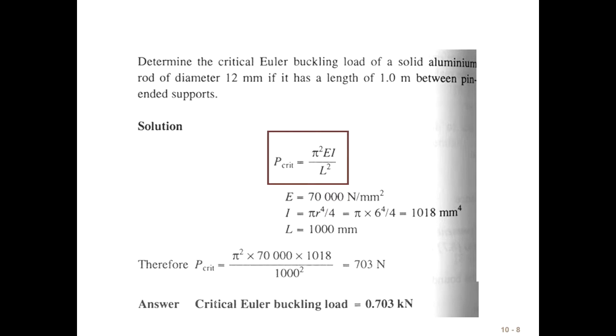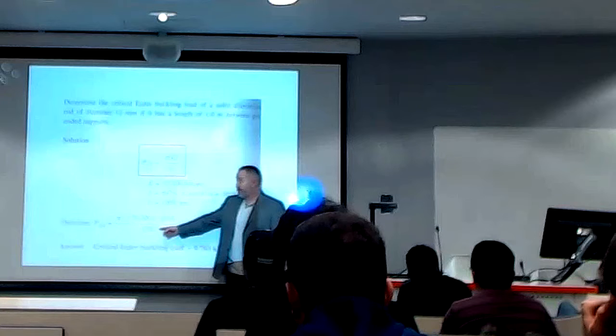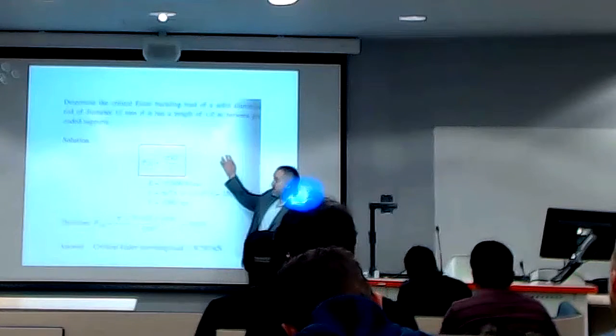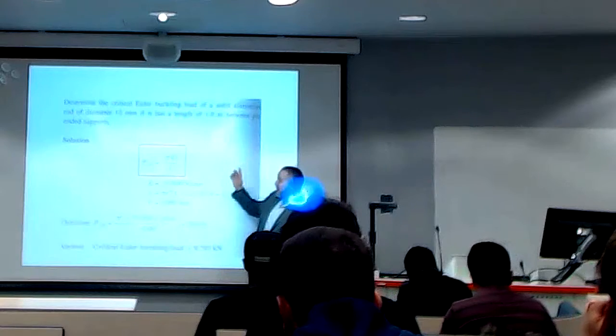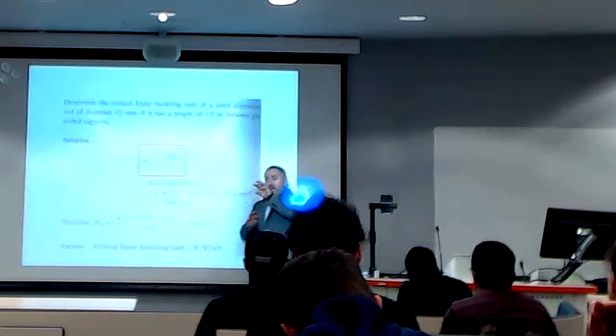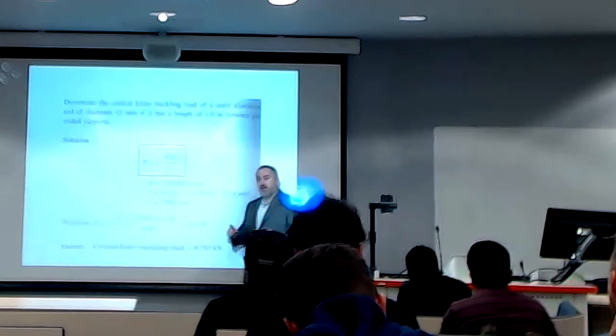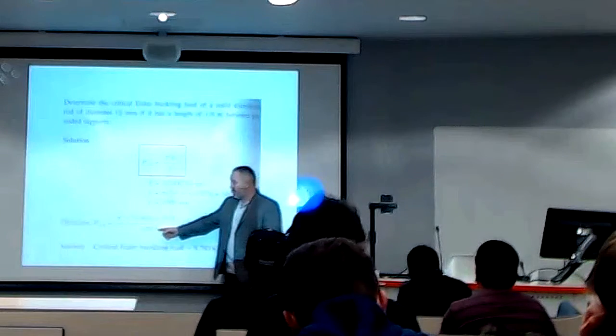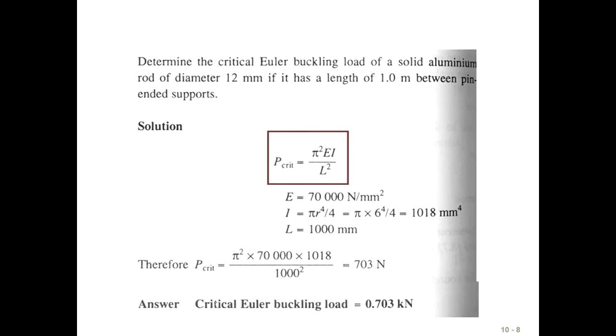is, one, they forget that that's the effective length. So, you know, in this case, the length is L, and when it's between pinned joints, L equals the effective length. So that's 1 meter. And the second thing is put everything into the same units.